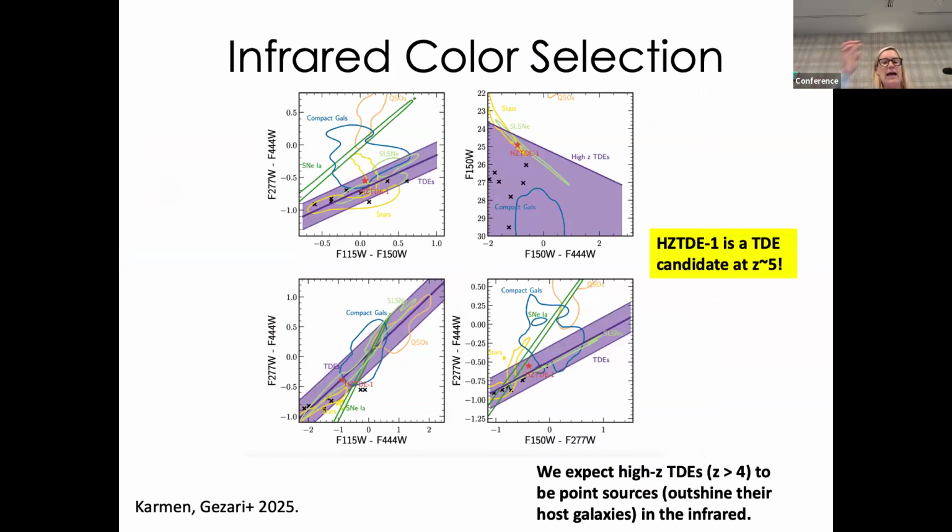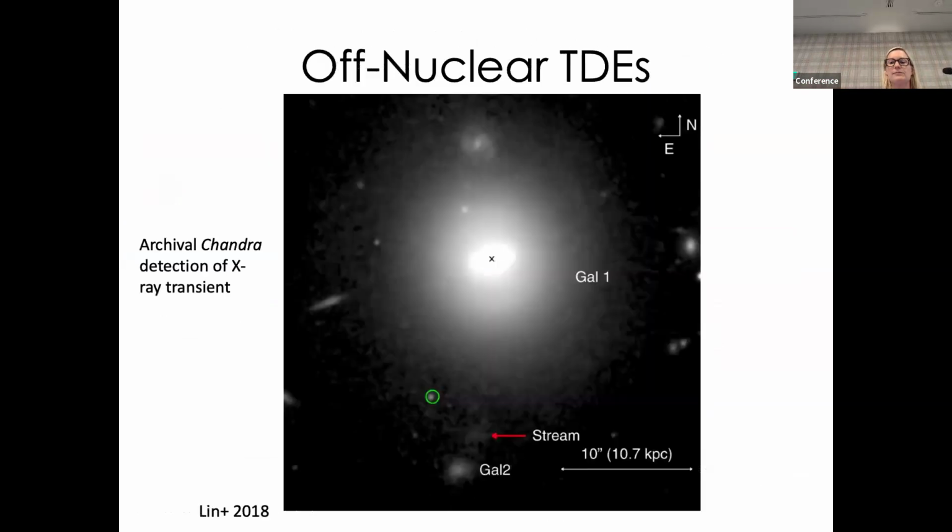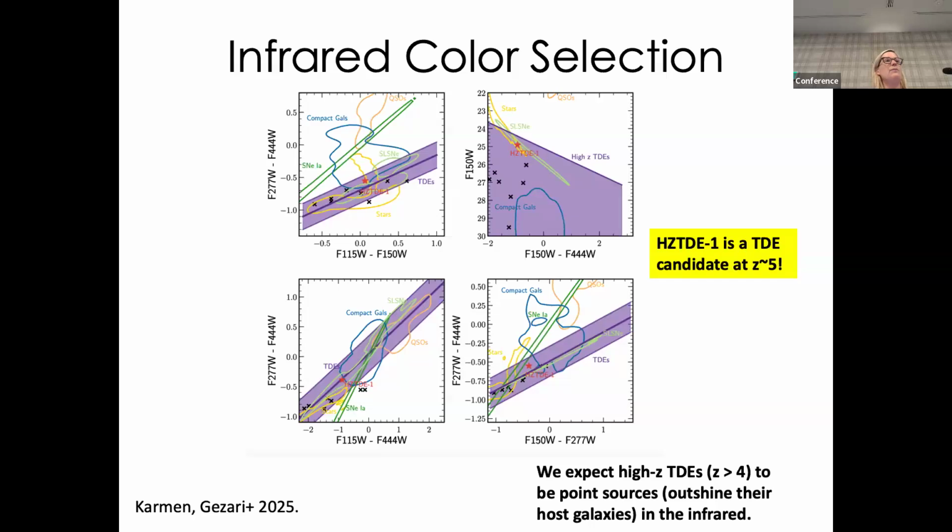And my student already has an exciting redshift 5 TDE candidate where we think it's a point source because we don't expect to be able to detect the host galaxy, but we do expect to see the UV bright TDE in the JWST bands. And so we're following up this source with spectroscopy in a few days. There's also, so AXIS will be able to follow up these exciting high redshift TDE candidates thanks to its excellent X-ray sensitivity.